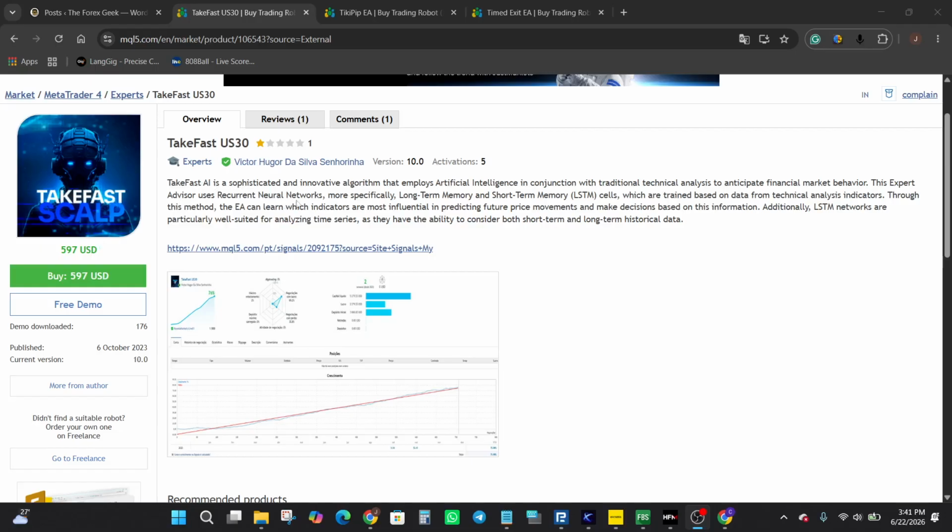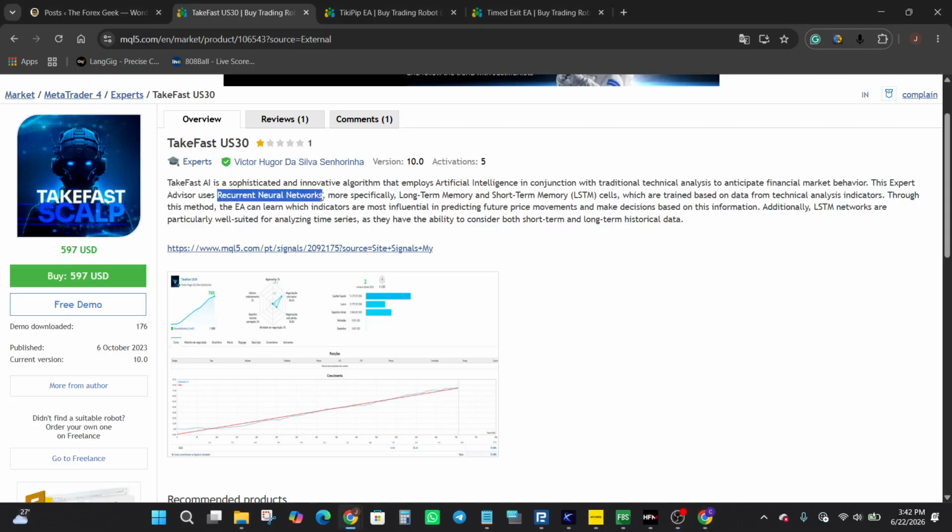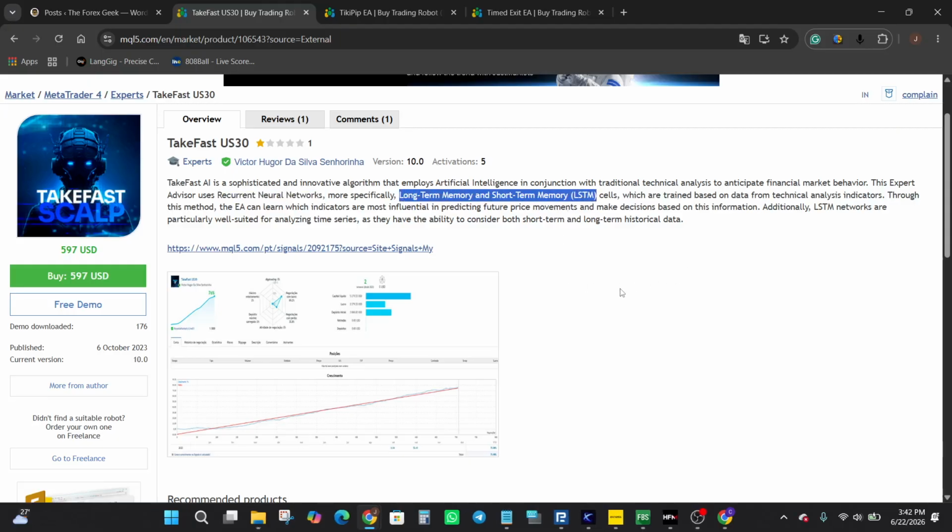The current version displayed on the product page is version 10.0, and the developer positions this EA as an advanced trading system that combines artificial intelligence with traditional technical analysis. As we move through the product description, the main focus here is the use of recurrent neural networks, specifically the long short-term memory or LSTM technology.